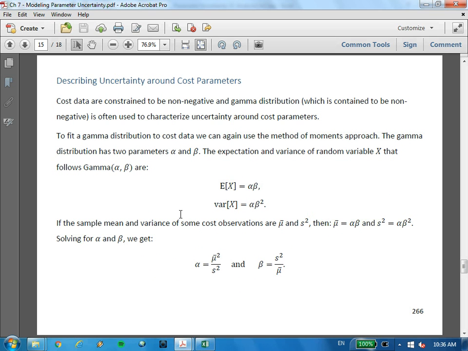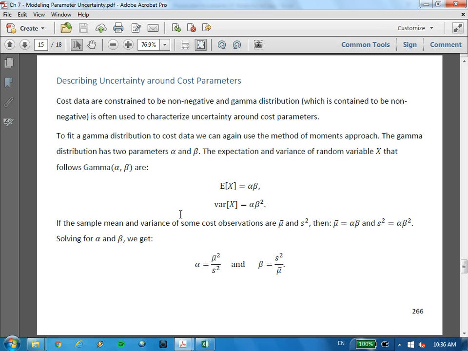That's our assumption. And one of the popular distributions to capture the uncertainty around cost is the gamma distribution, that has a PDF that is something like this. So it starts from 0 and it goes to infinity. Okay.